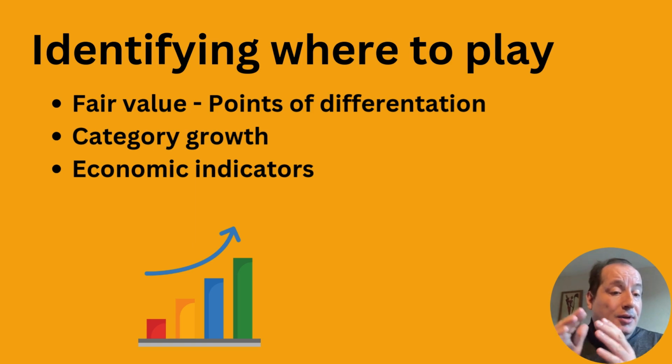If you are the one who has the most chunks in it, and that is appreciated by consumers as a superior product, then it's above fair value. So fair value is basically the minimum expectation. In order to play in the category, that is the basic quality level, the basic value you need to provide to different consumers.